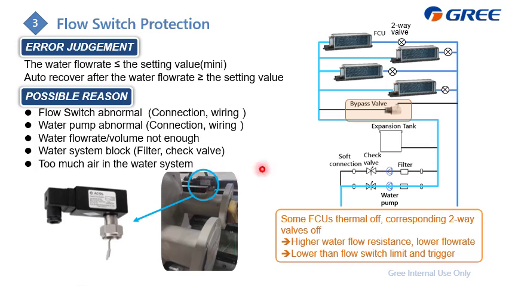If you have this bypass valve, then when the system detects that the water resistance is too high, we will conduct it to open, to ensure the water flow rate does not change a lot and does not trigger this water flow switch.